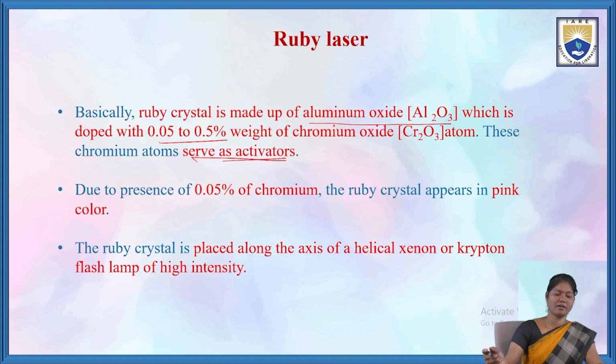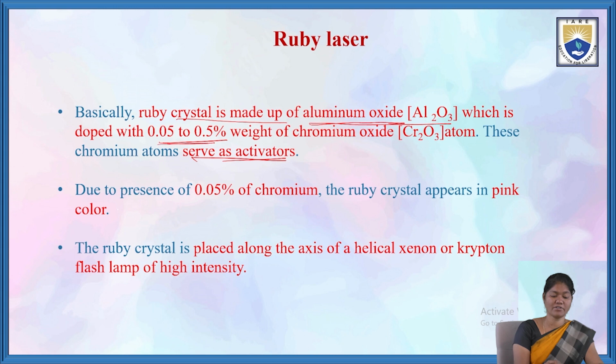The ruby crystal rod is made up of aluminum oxide, and this aluminum oxide is doped with 0.05 to 0.5% of chromium oxide atoms.